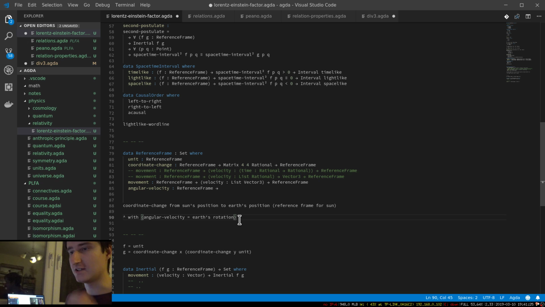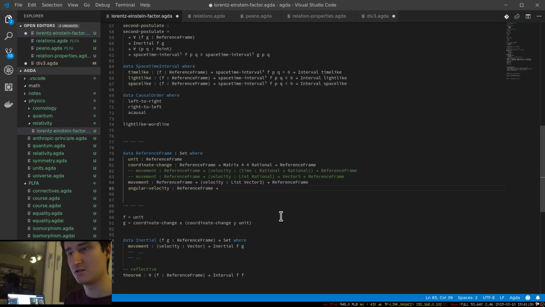And those reference frames would be non-inertial. So this gets us a non-inertial reference frame.